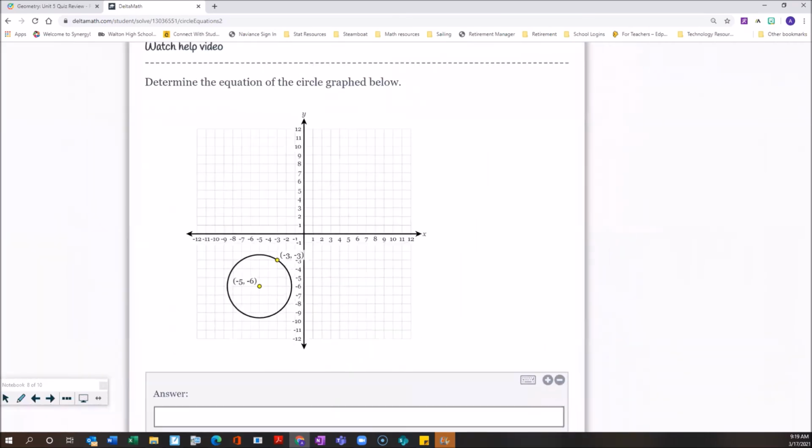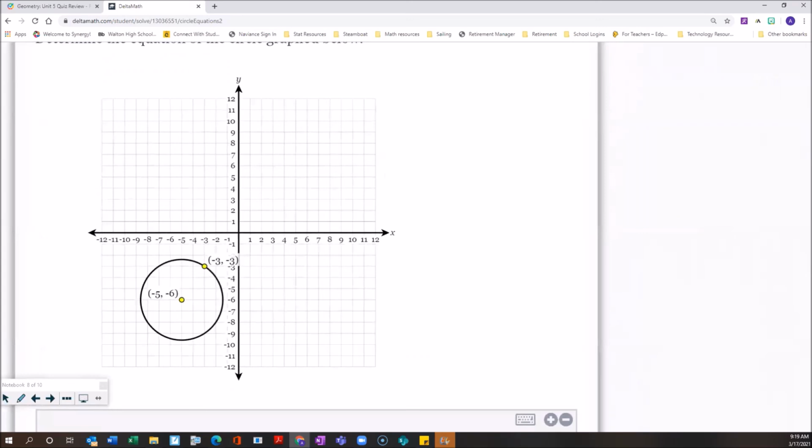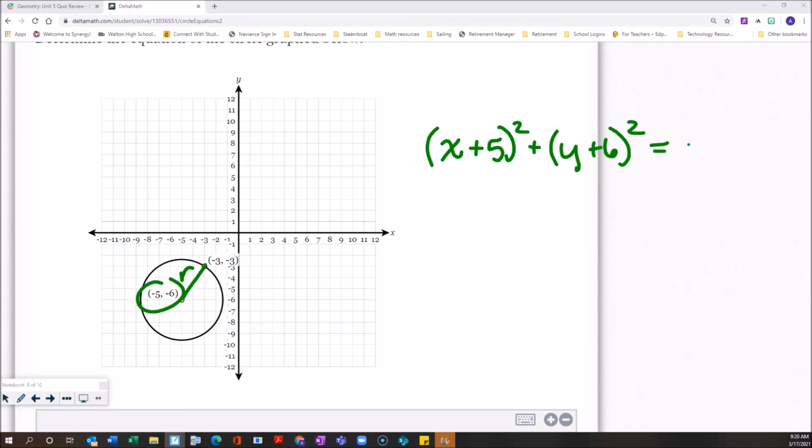when they give you a point on the line like that, what I need to find here is the radius, right? So I can write the form of the circle. This is the center right here. So it'd be (x plus 5) squared plus (y plus 6) squared equals r squared.